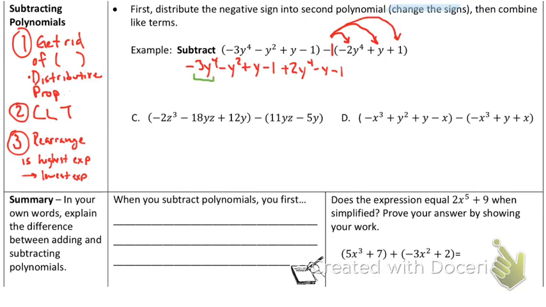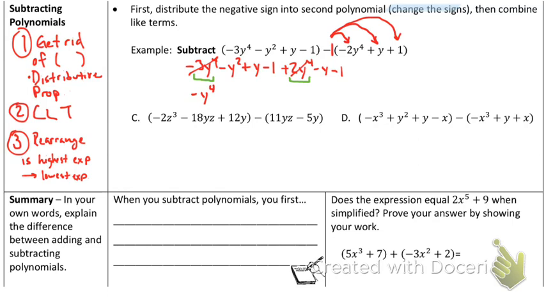You can see y to the fourth, y to the fourth, and I'm going to combine them. Negative 3, positive 2, that's going to give me negative 1y to the fourth, and we're just going to write it as negative y to the fourth. Okay, cross them out because we are done with that.